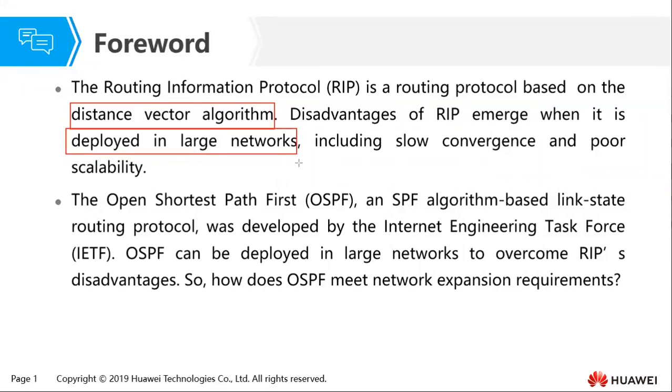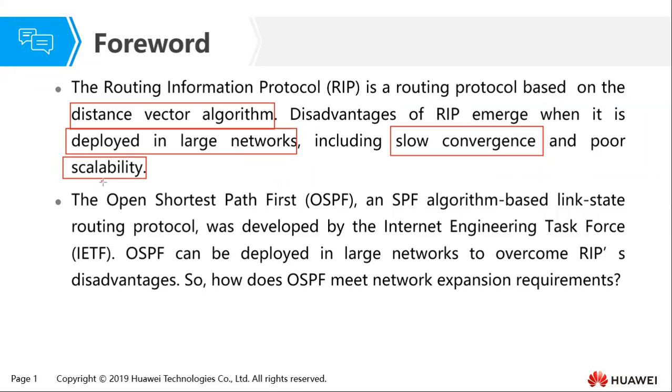We are going to see. There is also an issue with slow convergence and poor scalability. So you are not able to grow or expand in order to cater for the expansion of a large network.